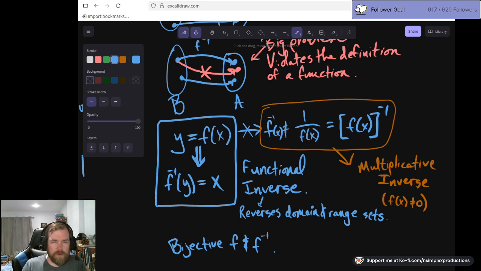There aren't any overlaps from two things in A mapping to the same element in B, because otherwise that violates the one-to-one idea. And we're not going to have one element in A mapping to two separate elements in B, because that violates the idea of being a function in the first place. So we wouldn't even be looking at that here.